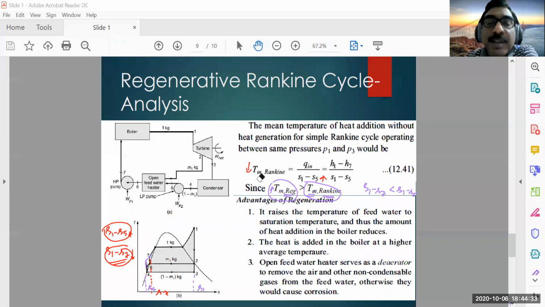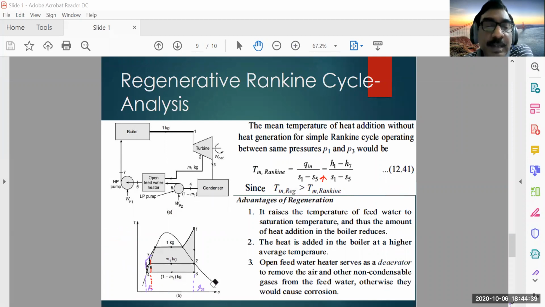So this is a very, very important conceptual point you should understand, right? So why will the regenerative Rankine cycle have higher efficiency? If anyone asks, you can easily say that the mean temperature of heat addition is higher in the regenerative Rankine cycle. That's why the efficiency is more, because basically the entropy difference will be less, which will increase the quality of energy.